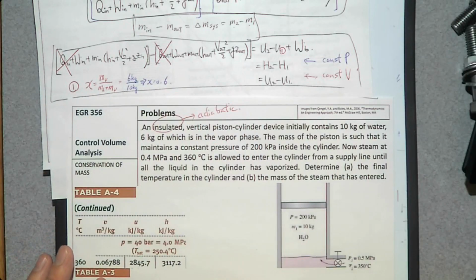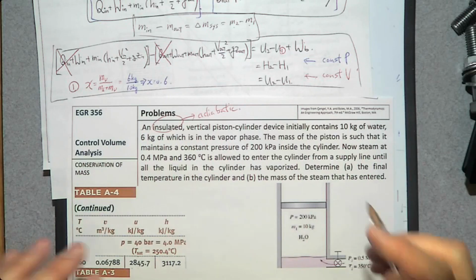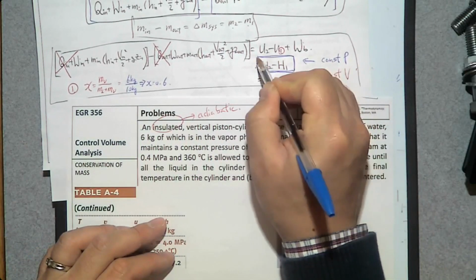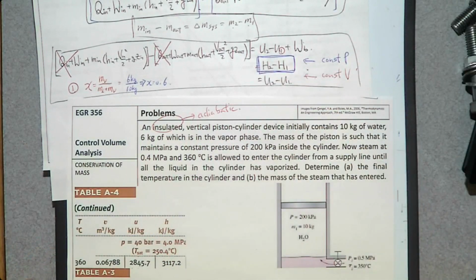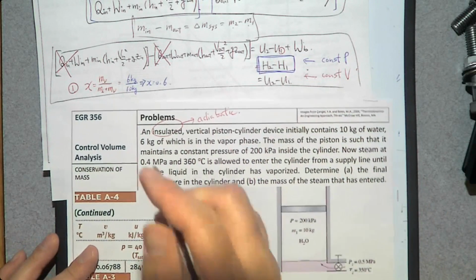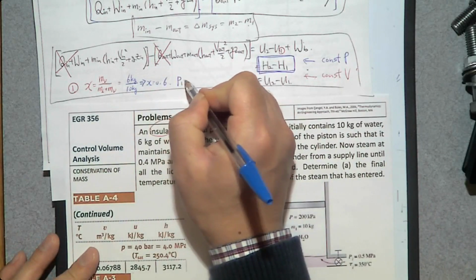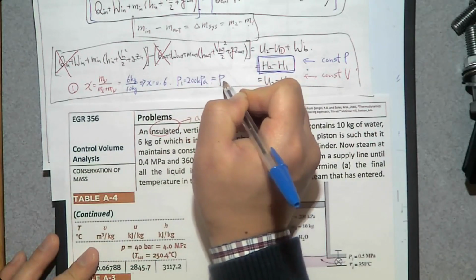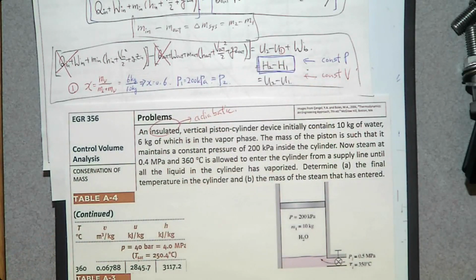The mass of the piston is such that it maintains a constant pressure process. Okay, so it's a constant pressure process, H2 minus H1, at 200 kilopascal. So P1 is 200 kilopascal, that is the same as P2.